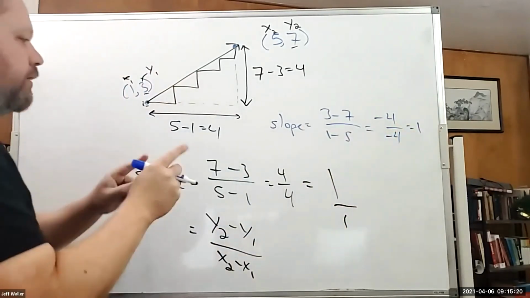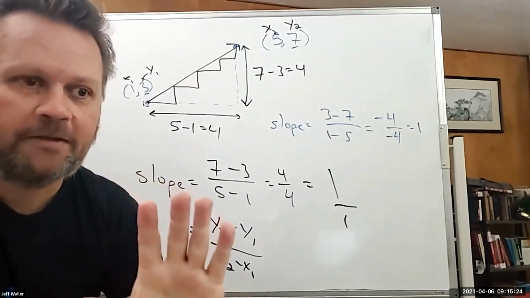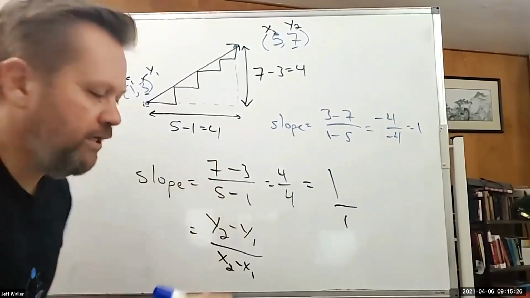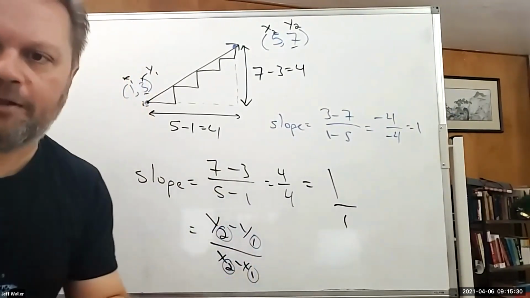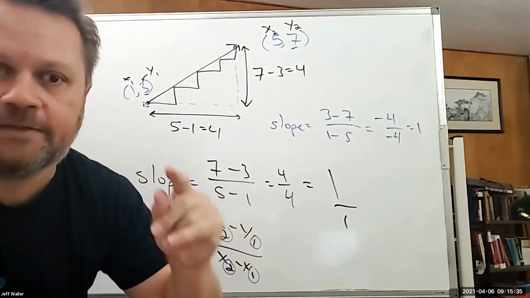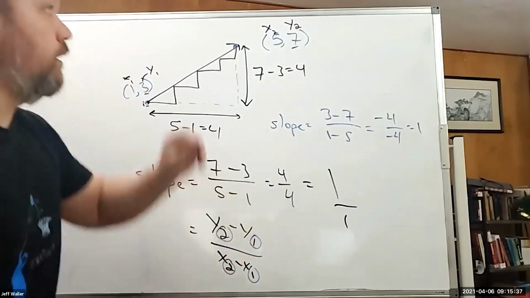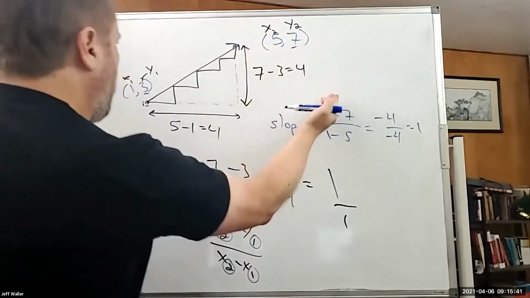The important thing, now stay with me, guys. Stay with me. This is so beautiful. Why are these here? If the idea is just to take the difference in the Y's and the difference in the X's, it's because if you do 7 minus 3, you must do 5 minus 1.